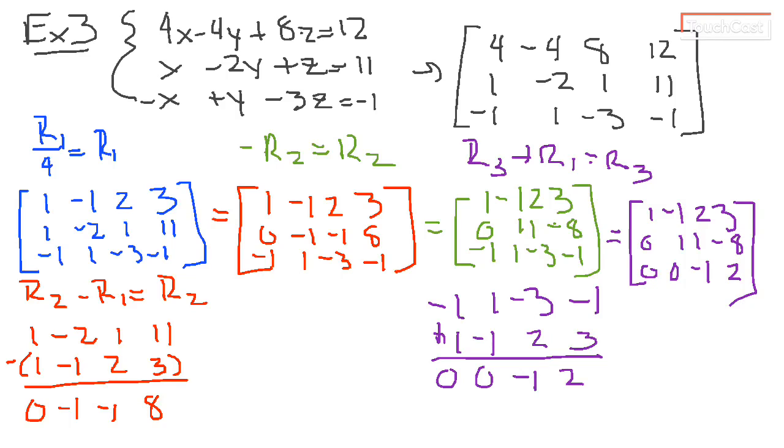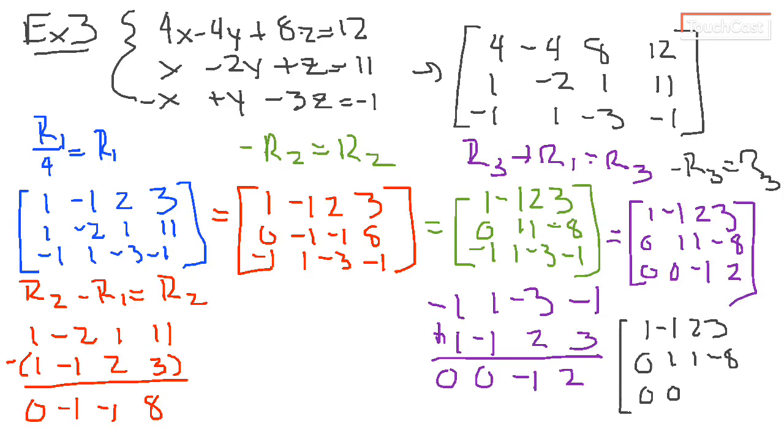Really, all we have to do now is take the opposite of R3 to get our third row. So when we do that, we're going to have 1, negative 1, 2, 3, 0, 1, 1, negative 8, 0, 0, 1, negative 2.